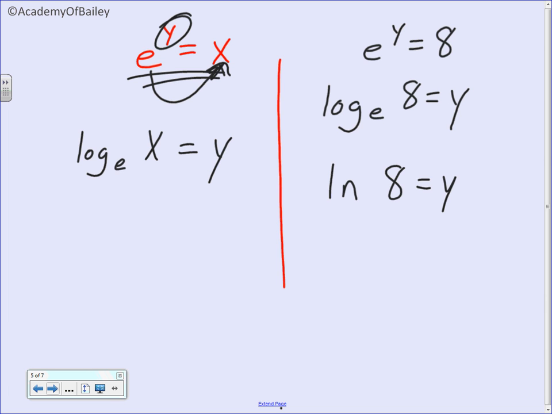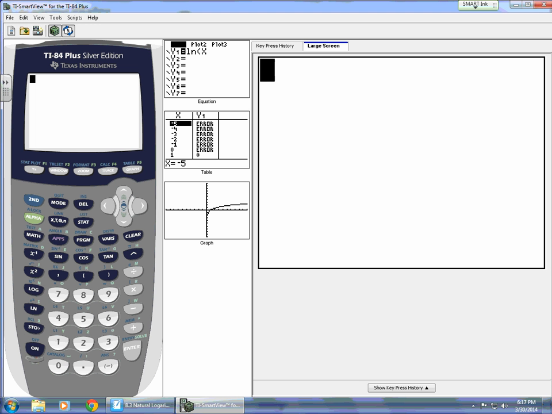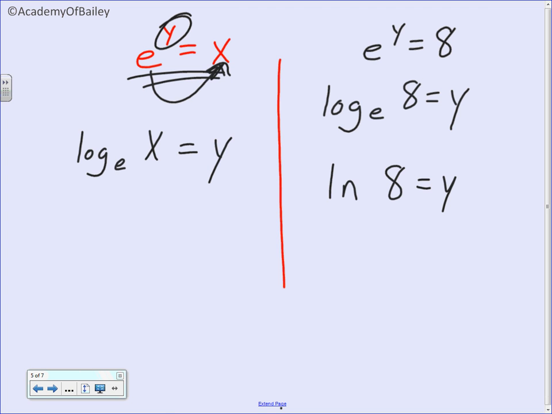And so this is how we write it. And so from here, we could possibly figure it out. How, you might ask, can we do that? Well, you might start thinking that we're just going to type log into the calculator, but remember, when we type log into the calculator, it is dealing with log base 10. And so this has a log base of e. So how do we deal with that?